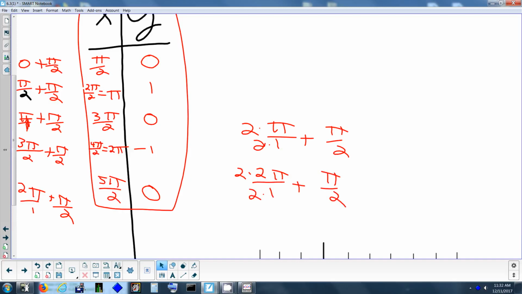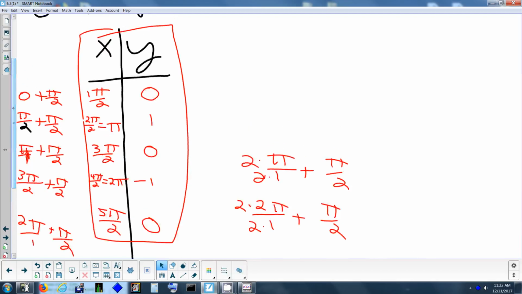And now, if you've done this right, you should be able to read down your x column and notice a pattern. 1 pi over 2, 2 pi over 2, 3 pi over 2, 4 pi over 2, 5 pi over 2. Once you see the pattern, you can go with the pattern. You should always reduce it for the final answer, but if you want to see the pattern, that's why I left it unreduced at first.